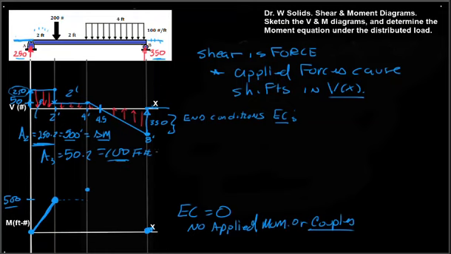Notice it does not tell you the value. It tells you the change in M for that region. And we have a linear zero slope up here. So this would be a linear slope of 50, which gets us to here. This 0 up here is important in that that represents a max value, the moment.